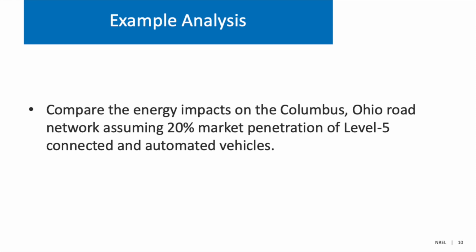Also with Rowdy, we have some models that we've trained to represent connected and automated vehicles. So we have an example analysis here of, what if in this tool here we inject a 20% proportion of connected vehicles instead of traditional human-driven vehicles. How does that impact the energy?